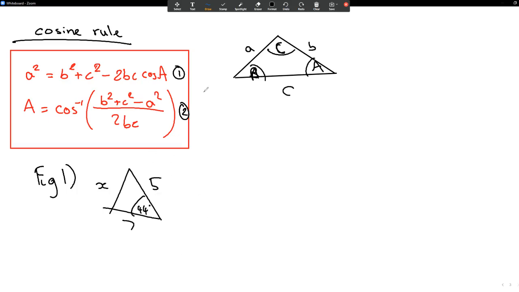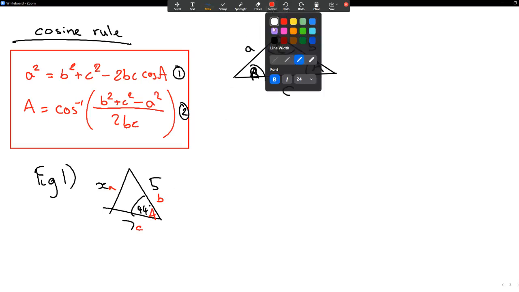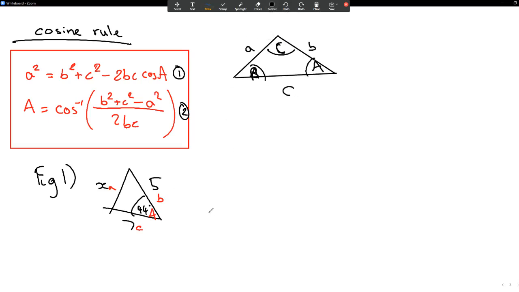Now you can see, if we label our triangle, we have B and C here, and we have A, this is A. So we have all the information we need. So all we have to do is set lowercase a to be the side we want to find, basically. This would say find x.